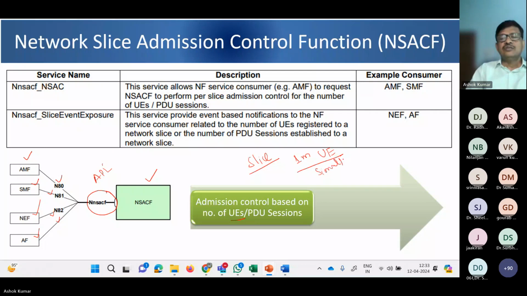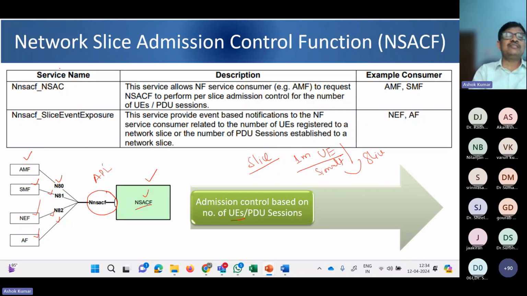So whenever this limit is breached, no more UEs will be admitted into that particular slice. Every time a new UE is trying to access, AMF talks to this admission control function, and it keeps track of the number of UEs and the number of PDU sessions. So it will tell whether this UE can be admitted or not.